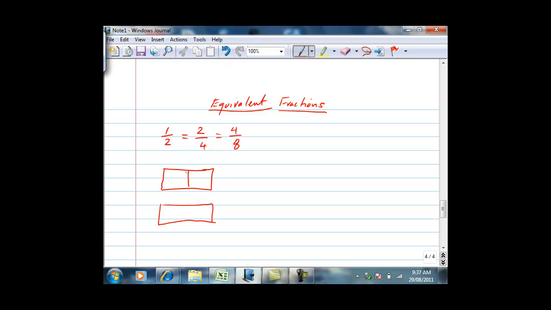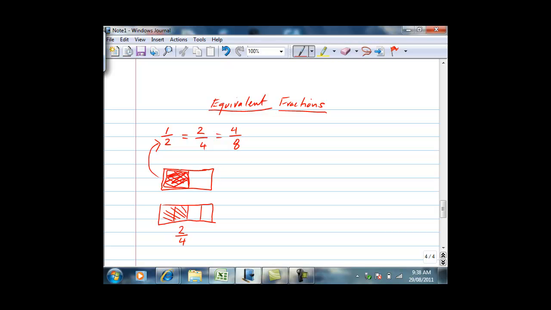If I divide this into half and shade one half, and if I divide the second one into quarters and shade two of the blocks, then this half here represents that what I've written there, and these two blocks shaded represents 2 blocks out of 4.